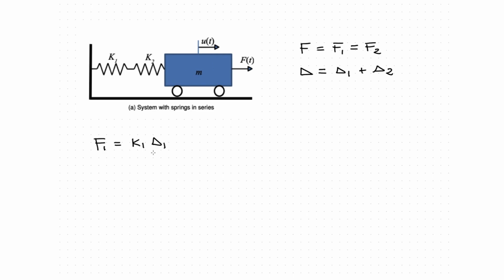From this, we can isolate delta 1 as F1 over K1. Similarly, for spring 2, F2 will be equal to K2 times delta 2. And isolating delta 2 will lead to F2 over K2.